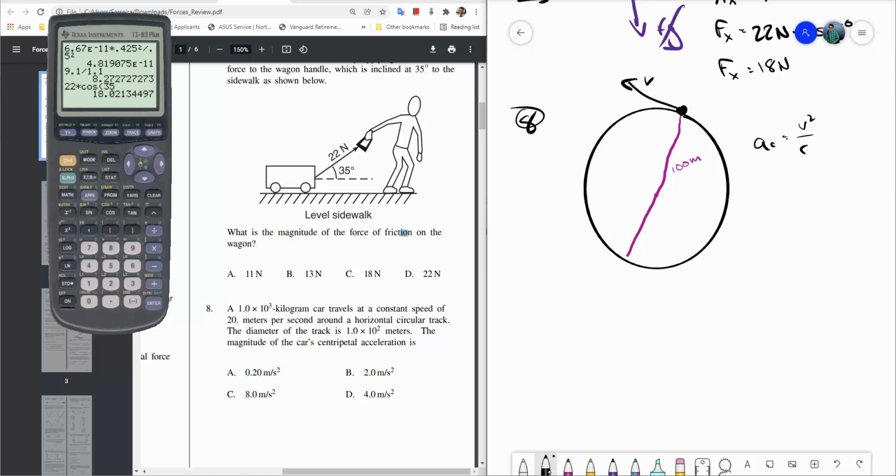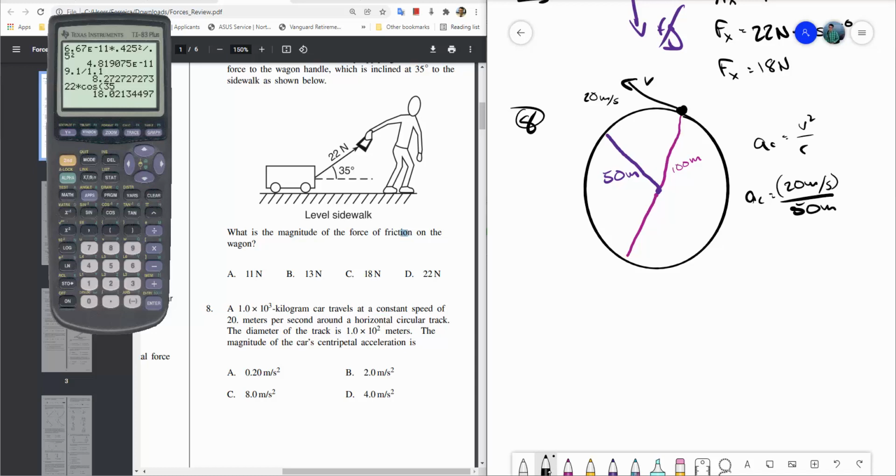So just substituting these values, a_c is equal to 20 meters per second over the radius. Keyword, the radius. Now 100 meters is the diameter. The radius is essentially half of that, 50 meters.